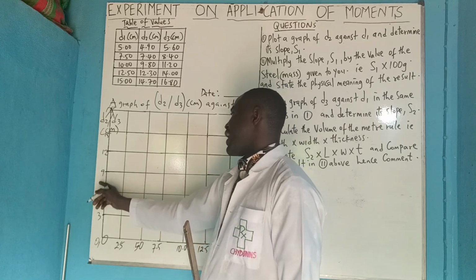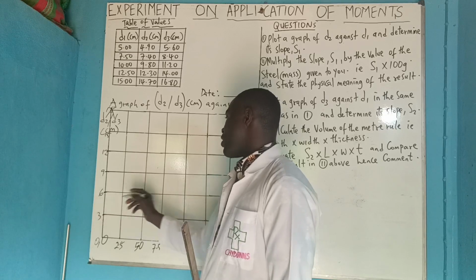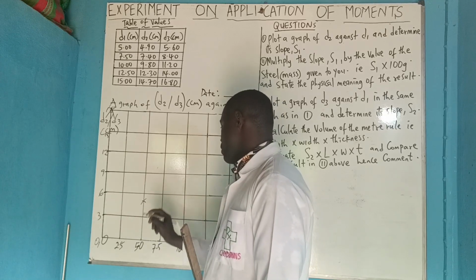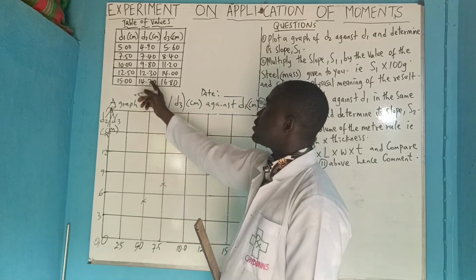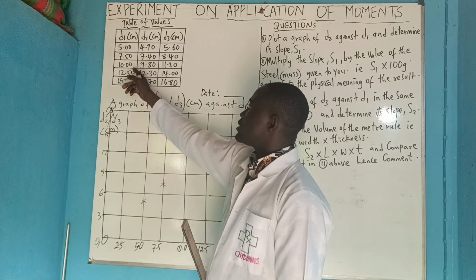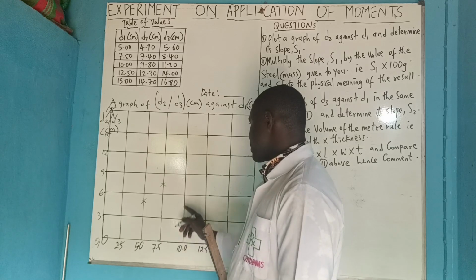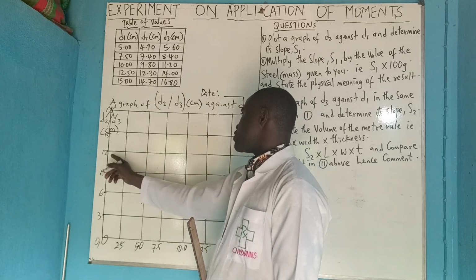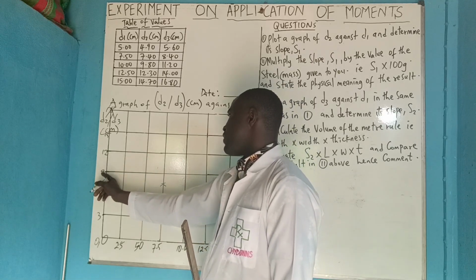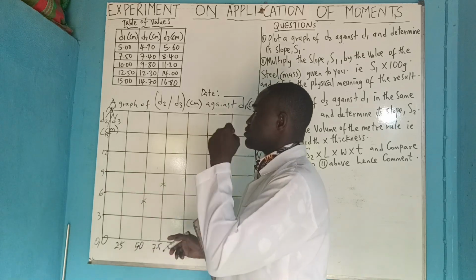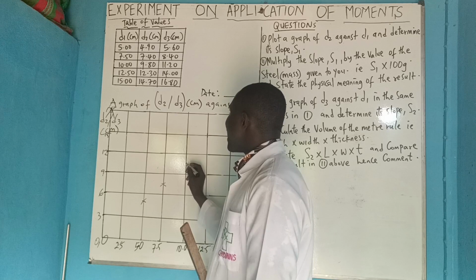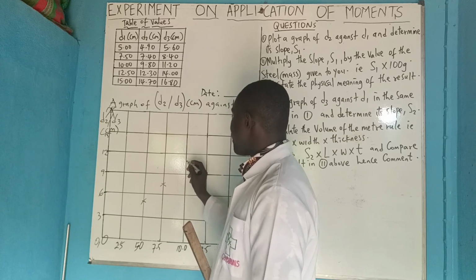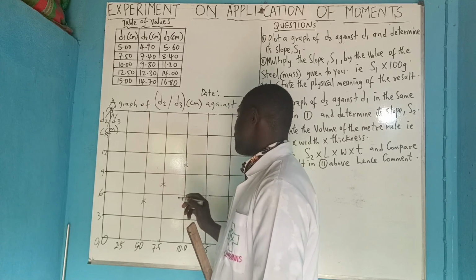In between 9 and 6 will be 7.5. Then 10 against 9.8. In between 12 and 9, that would be 10.5, and we are looking for 9.8, so before 10.5.